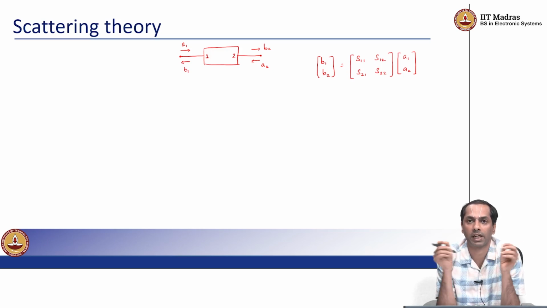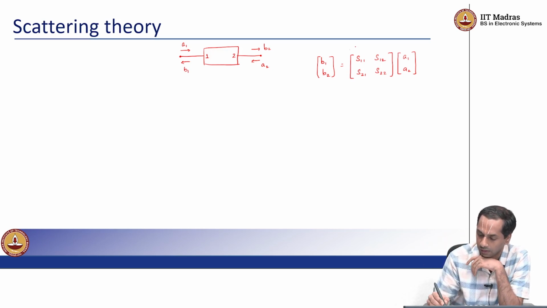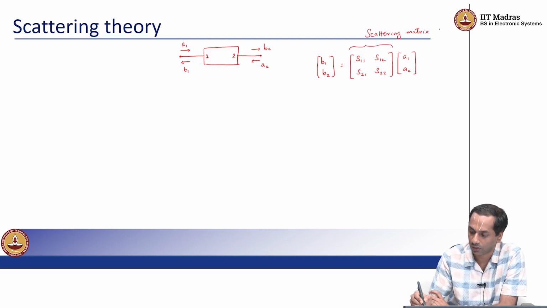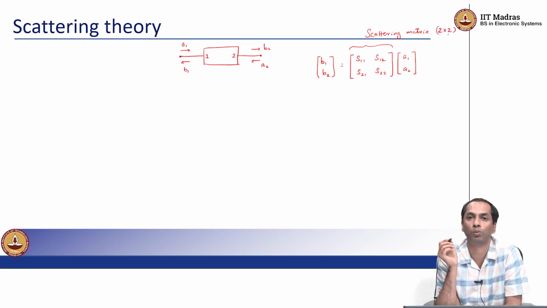So the power that is scattered off from the device is related to the power that's coming into the device through the scattering matrix. So we are calling this the scattering matrix. The scattering matrix is of the form of a 2 by 2 matrix because there are only 2 ports. One can also have an n by n scattering matrix for n ports.